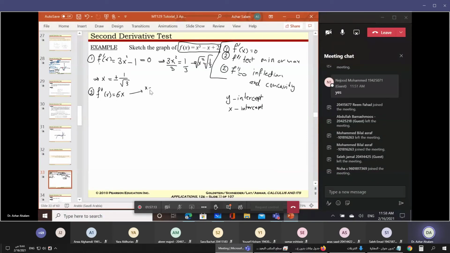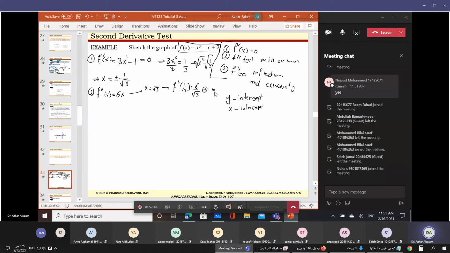First, for x equals plus 1 over square root of 3, f double dash is 6 multiplied by 1 over square root of 3. The most important thing here is the sign, which is positive. So it will be concave up.